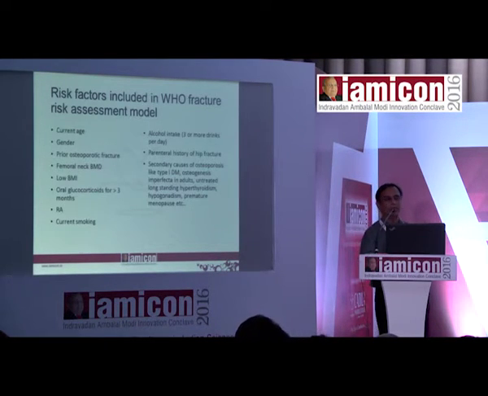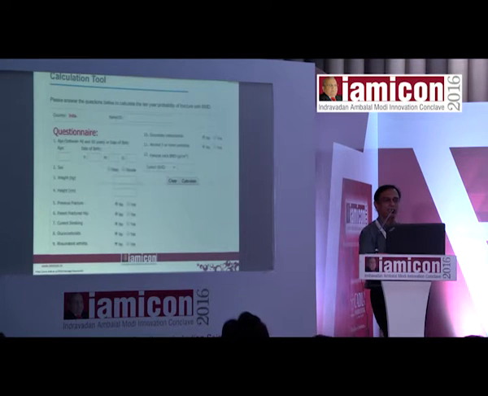The risk factors are assessed in a format, which I'll show: current age, gender, prior osteoporotic fracture if any, femoral neck bone mineral density, low body mass index, oral glucocorticoids, rheumatoid arthritis, smoking, alcohol, secondary causes of osteoporosis, osteogenesis imperfecta. Once you take it in this format, we can assess the next 10-year probability of fracture.